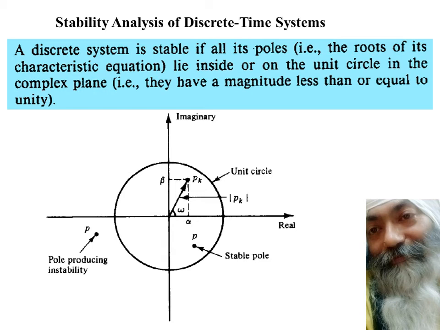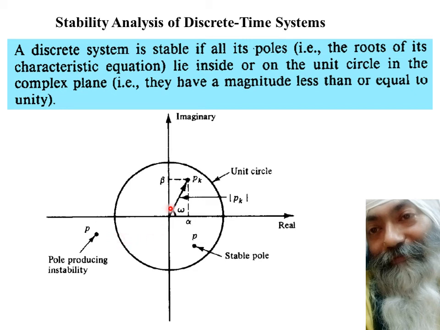Any pole lying inside the unit circle produces a stable output, so we call it a stable pole. This pole produces instability, and the pole on the circle will be marginally stable.